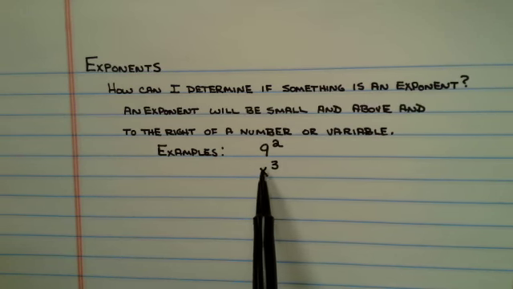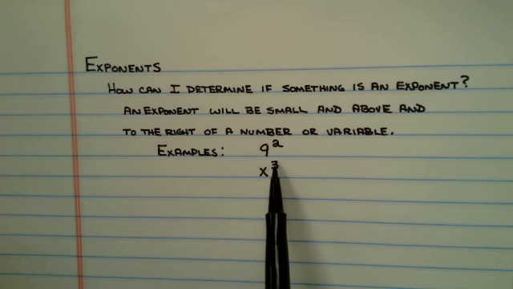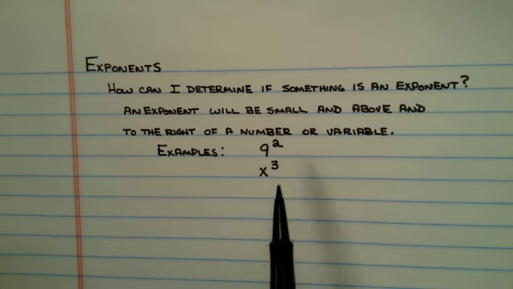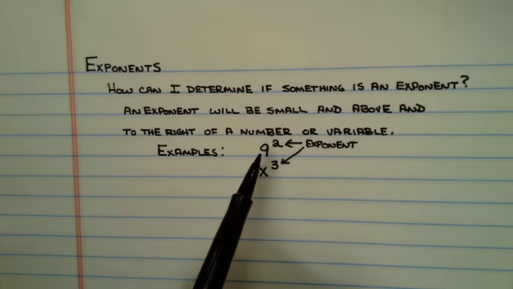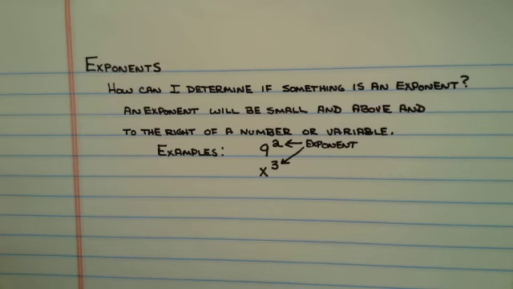For this example, I've got a 3 that's above and to the right and small above this x. That 3 is my exponent. The 2 is my exponent for this example. 3 is my exponent for this example.